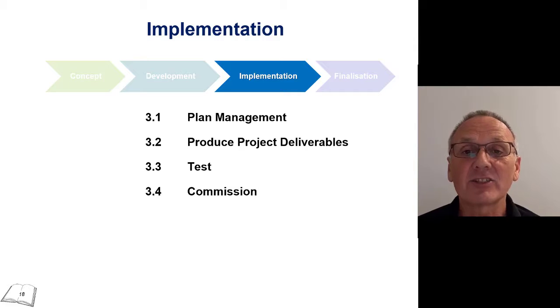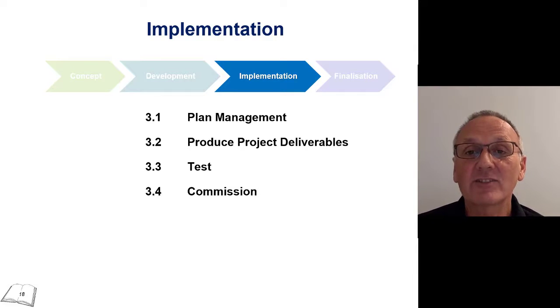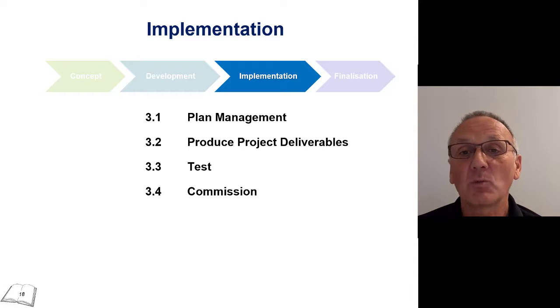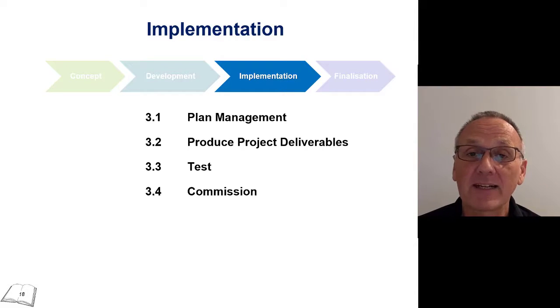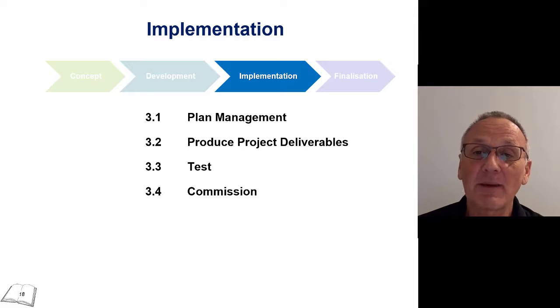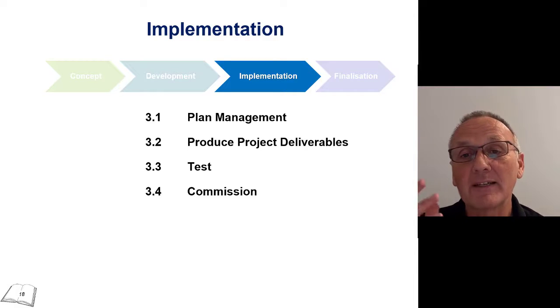Now, the implementation essentially is the working phase. This is where we actually go through and start producing each of the deliverables that we said that we would produce. But while that is happening, the project management team actually go through and continually manage the plan. So they need to monitor and control the plan, and do continuous improvement.